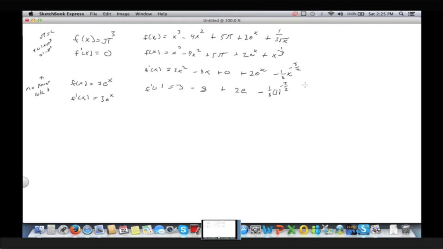Negative 3/2 is minus 1/3 minus 1. So negative 1/3 minus 3/3 equals negative 4/3.